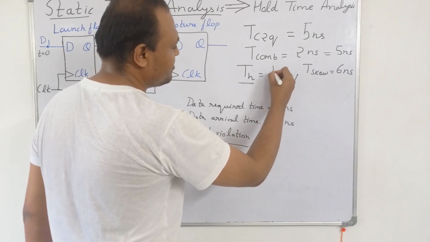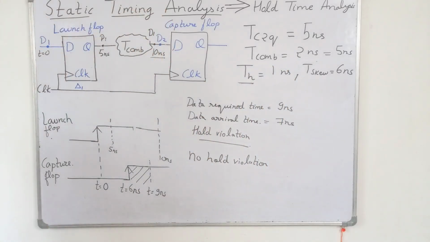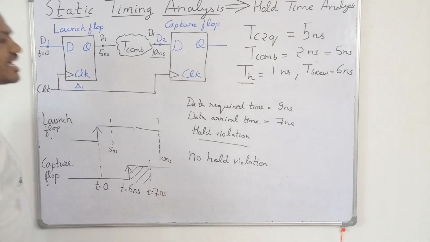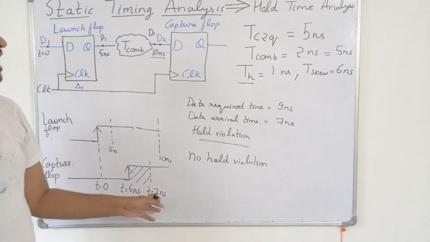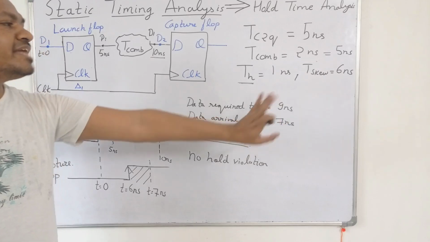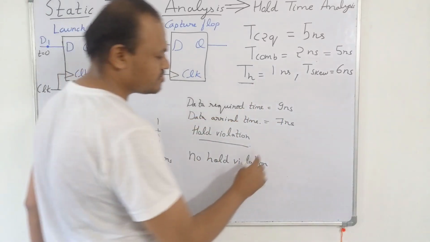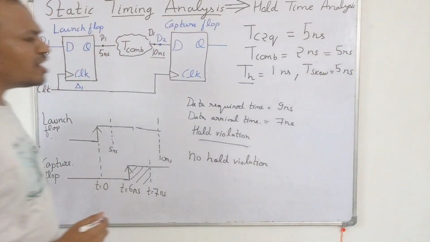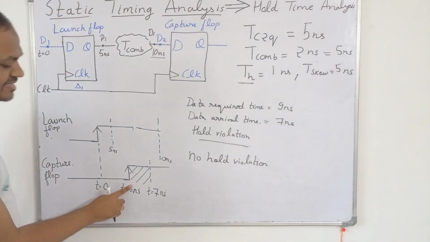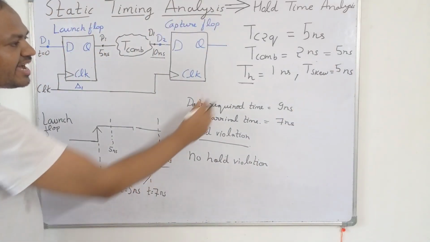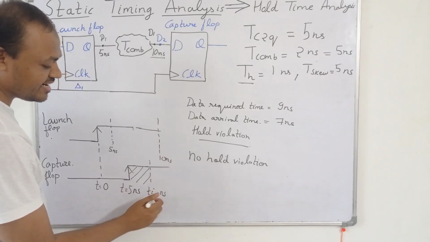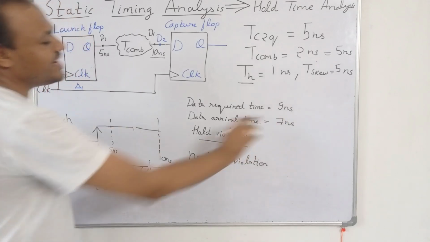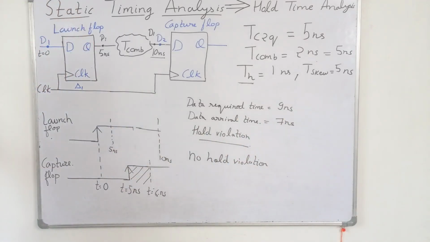Suppose we make the hold time 1 nanosecond, so the data required time becomes 7 nanoseconds. With 7 and 7 there may still be some violation, so we can also reduce the clock skew to 5 nanoseconds. Then it is 5 plus 1, which is 6 nanoseconds now. So 6 nanoseconds and 7 nanoseconds, there is no hold violation.